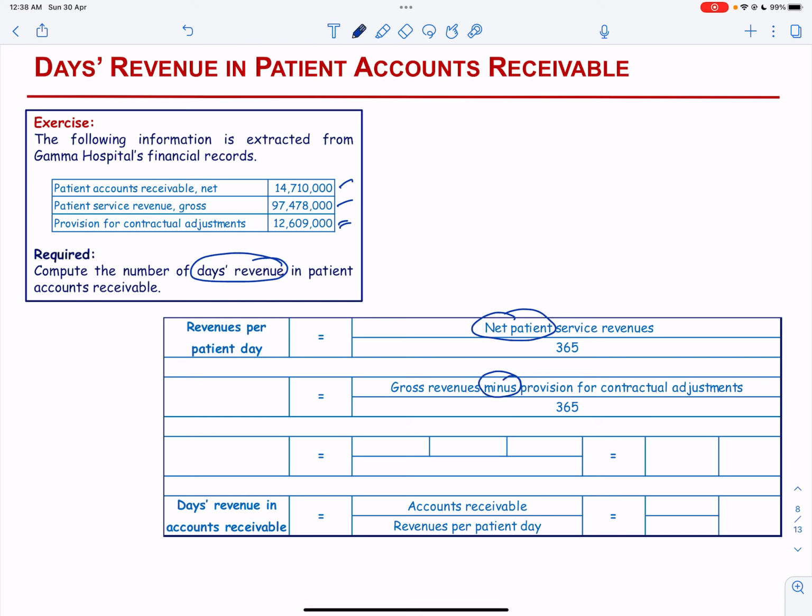The gross revenue is given to us as 97,478,000, and from this we are going to subtract the contractual adjustment of 12,609,000, divided by 365.